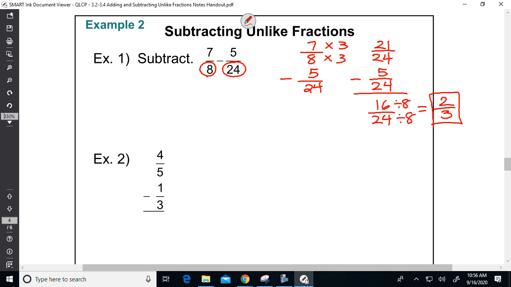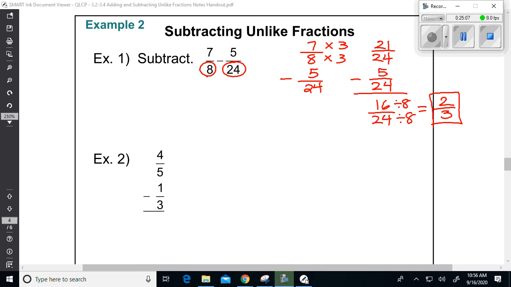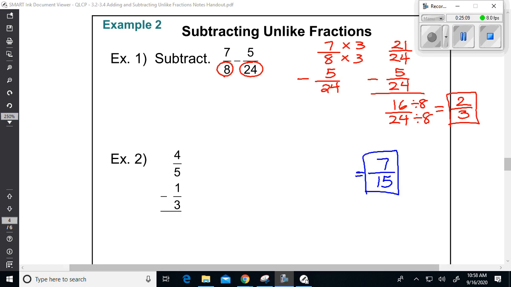So that's example 1. We'll give you a minute to start example number 2. There's nothing times 5 that gives you 3, and nothing times 3 that gives you 5. So it's time to start writing multiples. 3 times 1 is 3, 6, 9, 12, 15, 18.